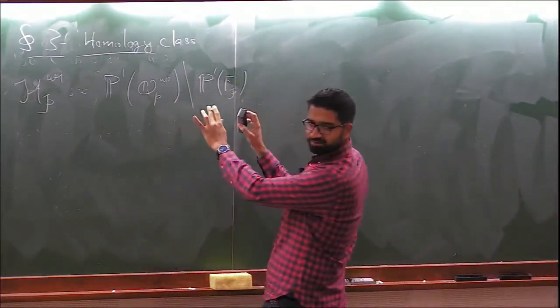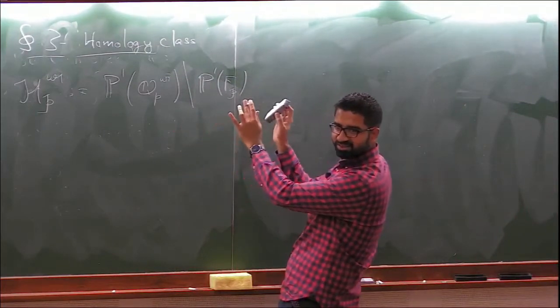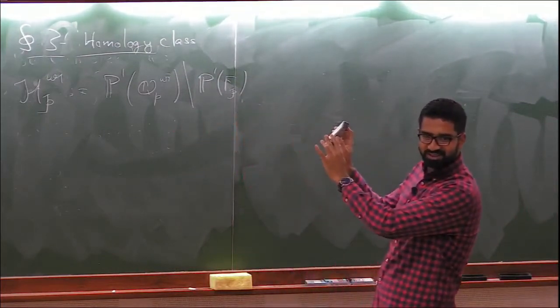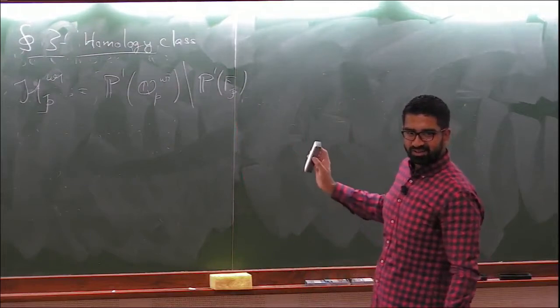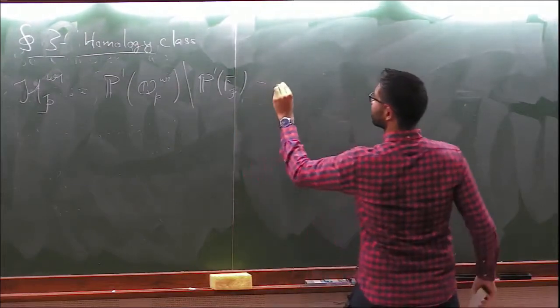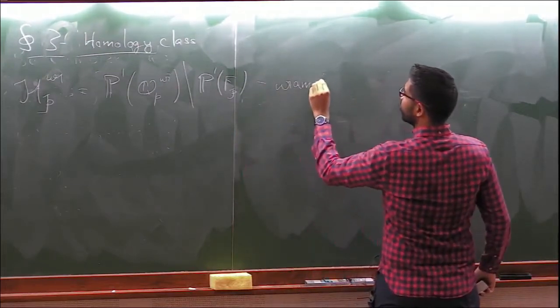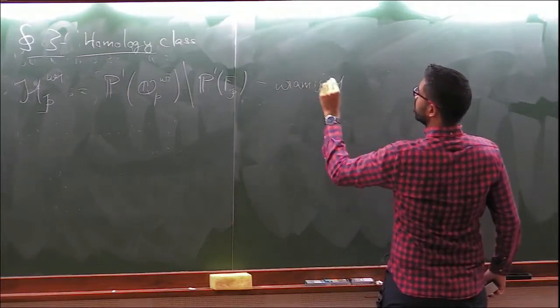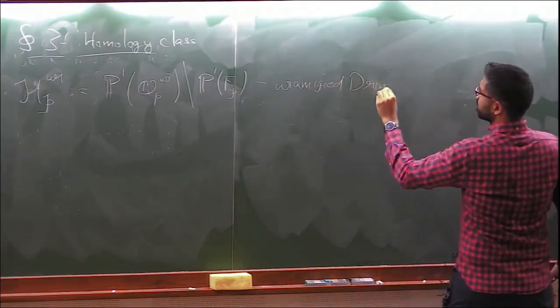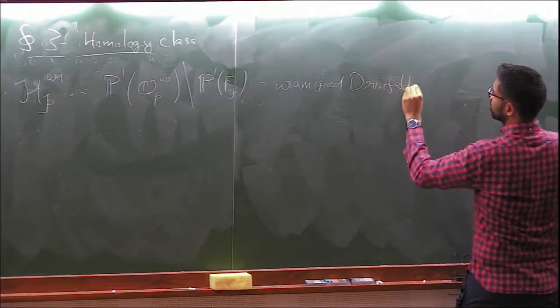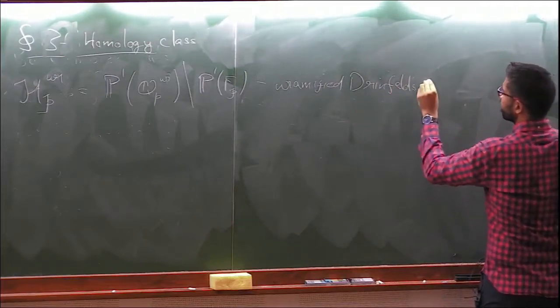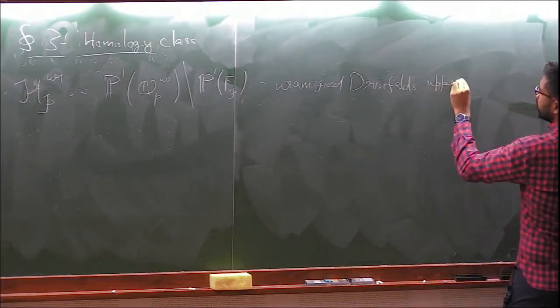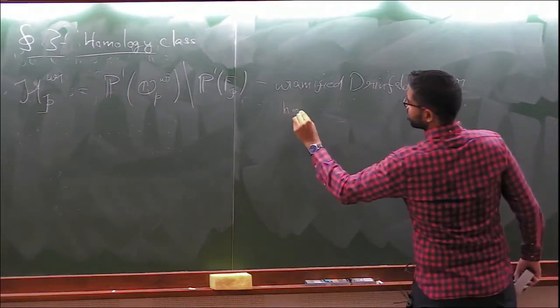This is the set complement. So this is unramified Drinfeld upper half plane. You can also look at the Drinfeld upper half plane as such. There's no reason to restrict to this. But anyway, P is unramified, so it's fine.